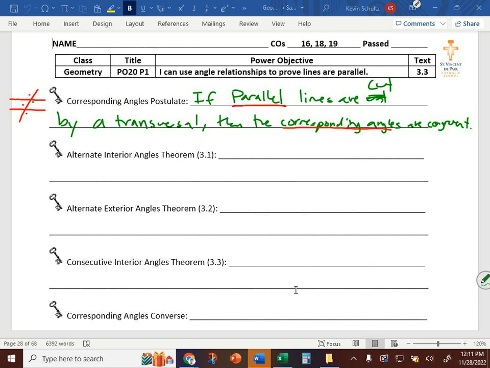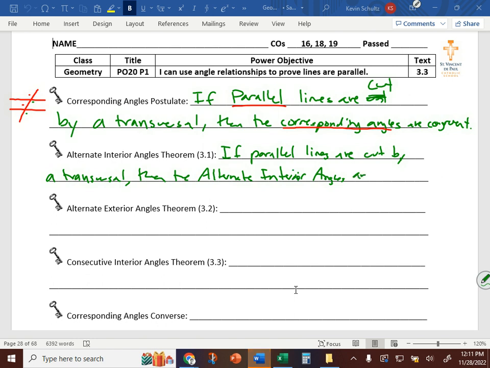The alternate interior angles theorem says that if parallel lines are cut by a transversal, then the alternate interior angles are congruent.